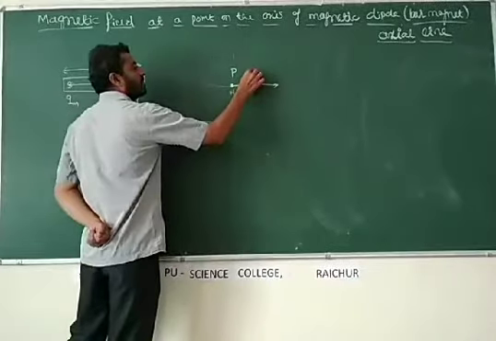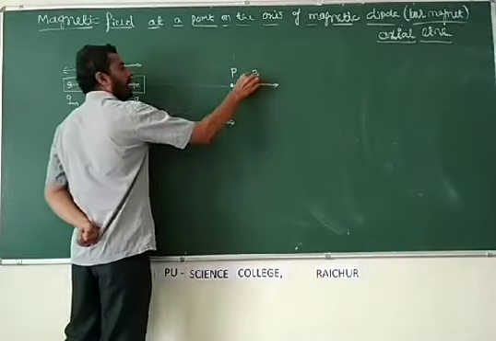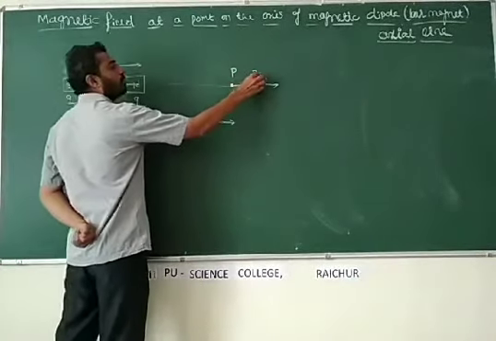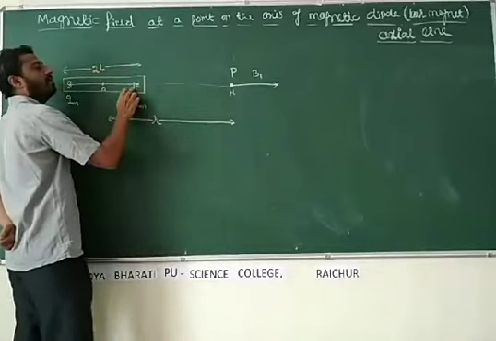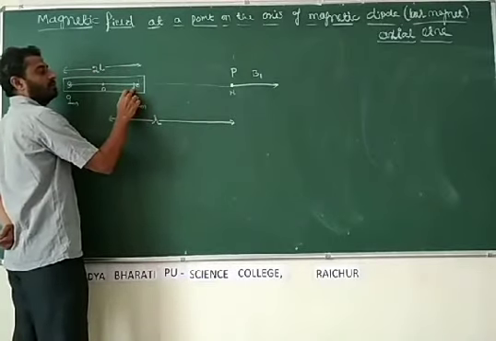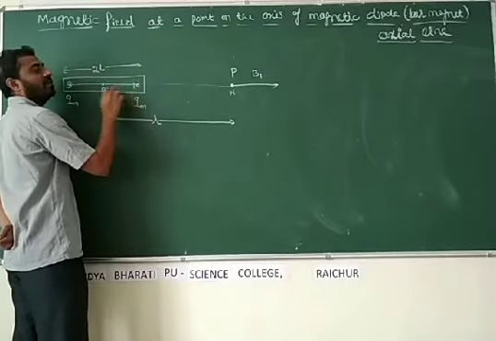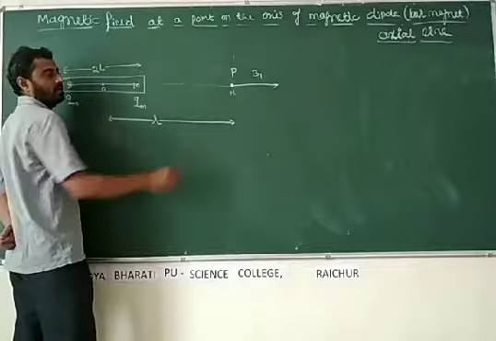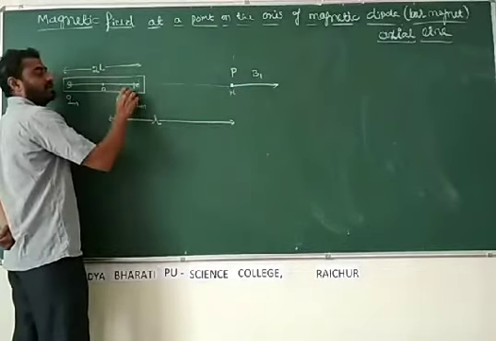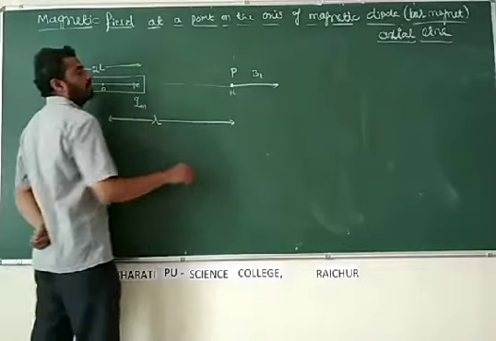This I can take as the field at a point P due to the north pole of the magnetic dipole, due to the north pole of the source magnet. This is a test magnet and this is a source magnet.